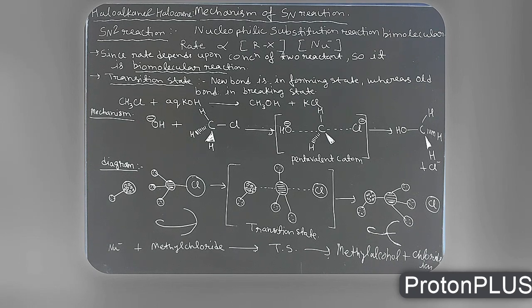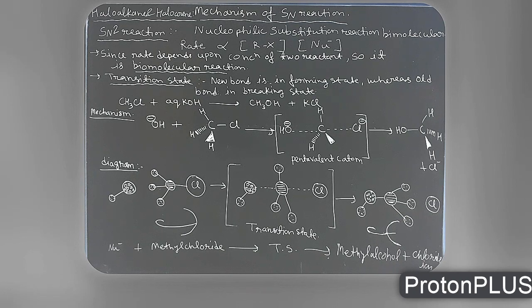In this molecule, methyl chloride, this carbon atom is the receptor site. On this carbon atom, the nucleophile OH minus will attack and the C-O bond will start forming.